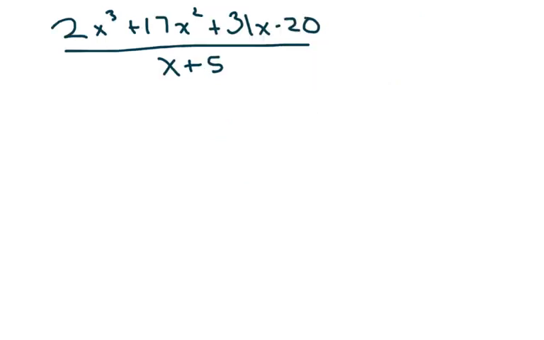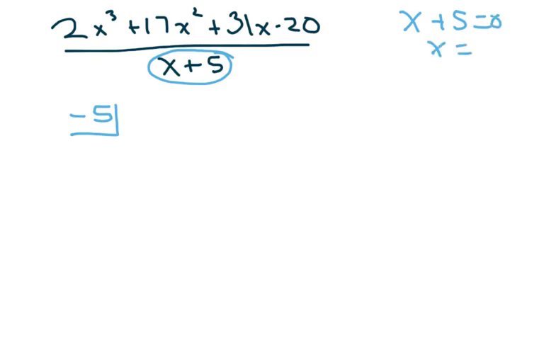Okay, and here we have one that you can't factor by grouping. So we're going to use synthetic division, and like I said, this really should be a review. So you set this to 0, and use that as your divisor here. We're going to do synthetic division. If you know long division, you could do it that way as well.